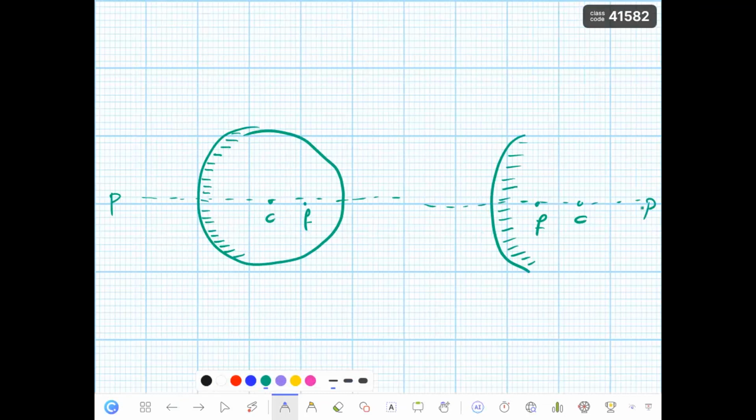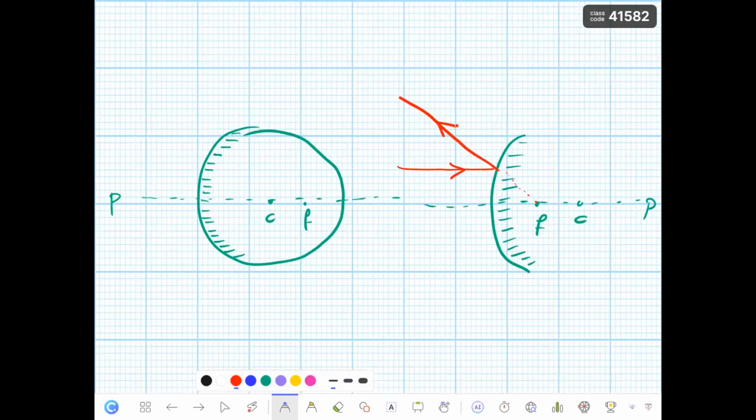Let me just show you the first rule here, okay? So it's going to be the parallel rule. The incident light is parallel. If you draw the reflected light, how can you draw the reflected light?